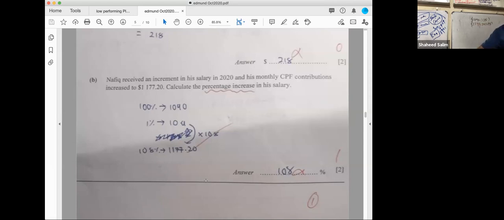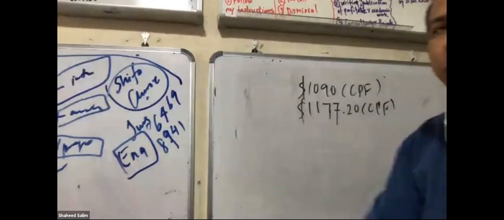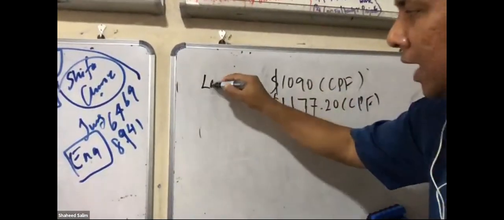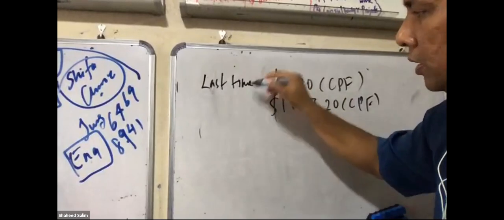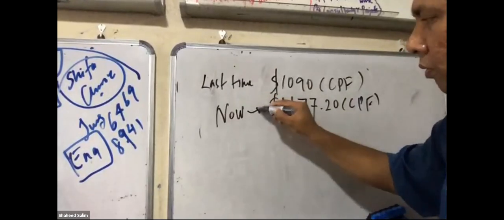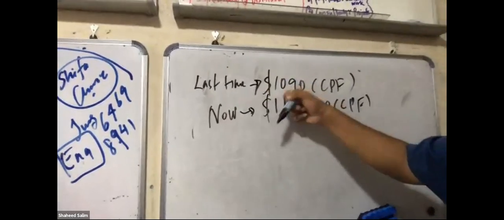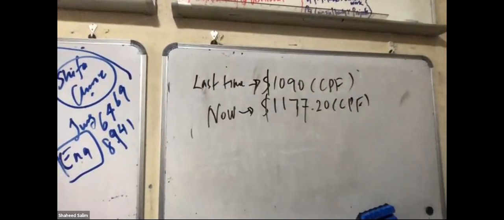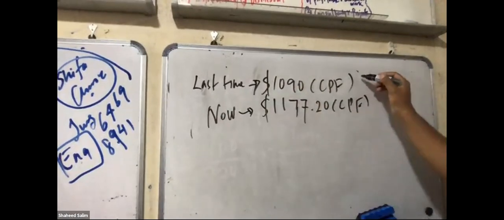Okay, now I'm going to share screen. They're asking you to find the percentage increase in the salary. Look, this is last time, and this is now. Last time his CPF was $1,090, and this used to be 20%.